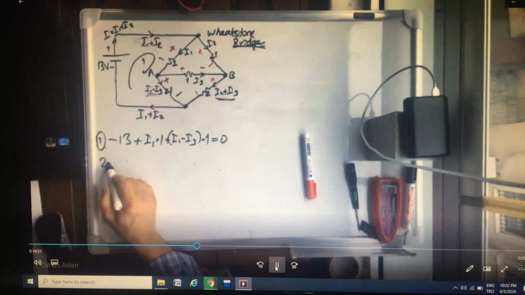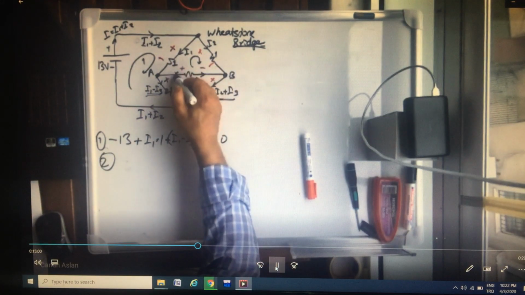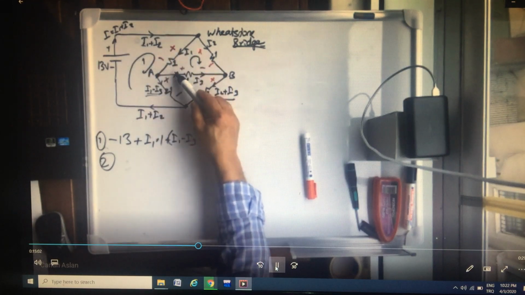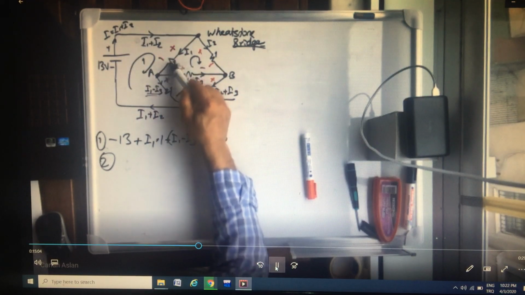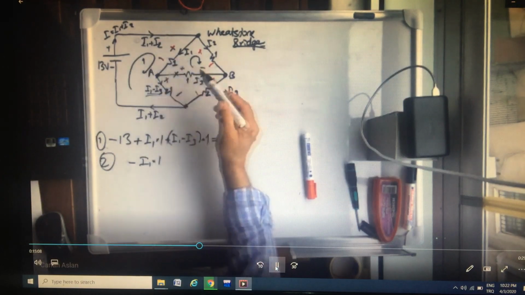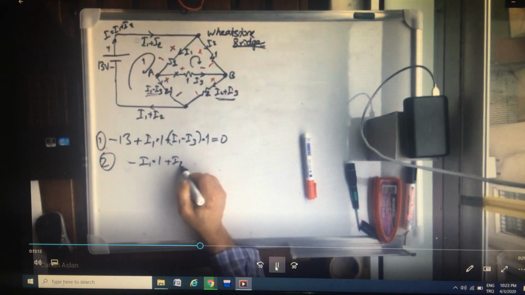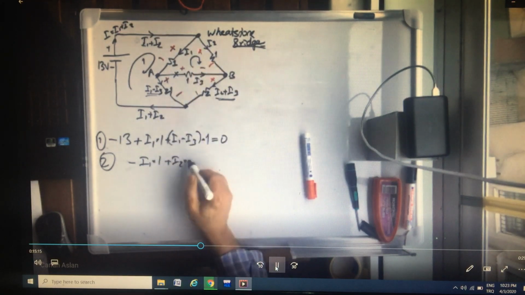Number 2 loop equation is this. Now start from this point and go. As you see, when you go here, it's minus I1 times 1, because the resistance is 1. Now I'm coming here, plus I2 times 1 again.